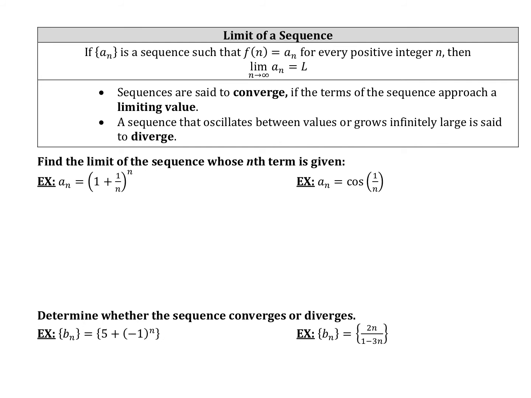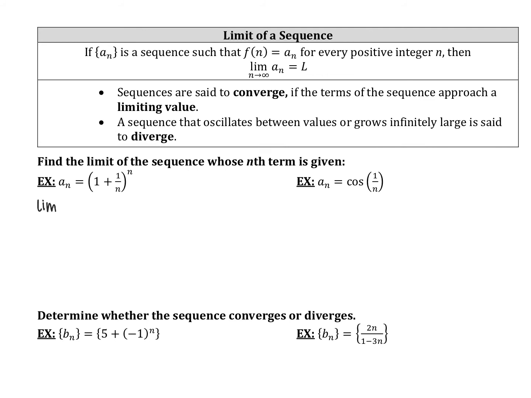Okay, so let's find the limit of each sequence if we know the nth term or the formula that is given. All right, looking at this first example, if I were to find the limit here, here's what I'm looking for.